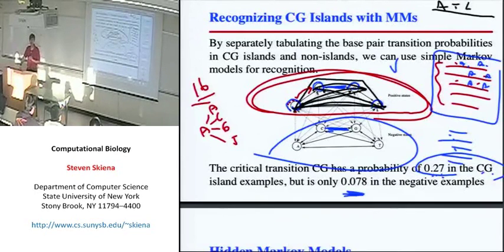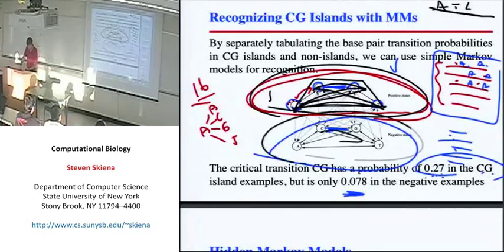Does everybody agree with it? This sequence will have a probability of having been generated by this Markov model. It will also have a probability of having been generated by the other Markov model. A reasonable way to classify it is to say which one has the higher probability. Does that make sense? That way I now have a classifier for what is a CG island and what isn't a CG island.